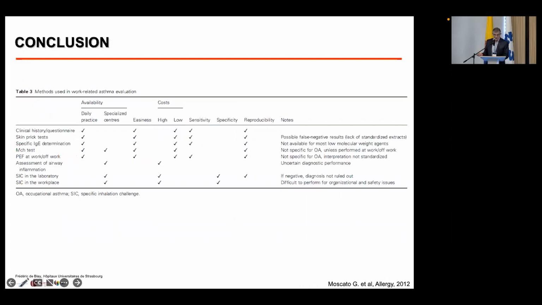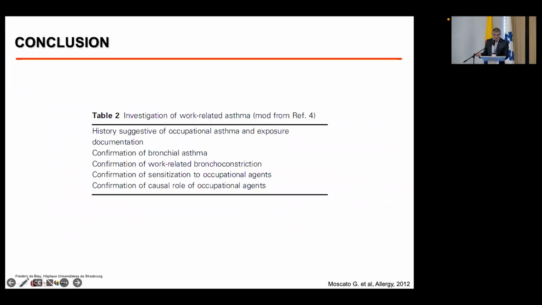You will find that because you have my slide. Investigation: first, history suggestive of occupational asthma exposure, confirmation of bronchial asthma, confirmation of work-related bronchoconstriction, confirmation of sensitization if it is the case, and confirmation of the causal role. And that's the point.